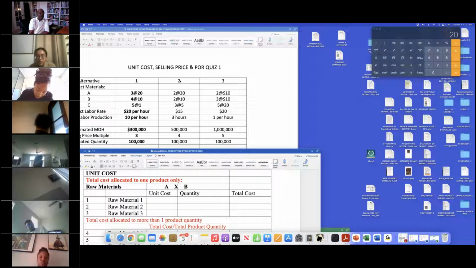So what's raw material 1? Unit cost is 20. Quantity is what? 2. So the total cost is 40. Raw material 2, we have 2 at 10.